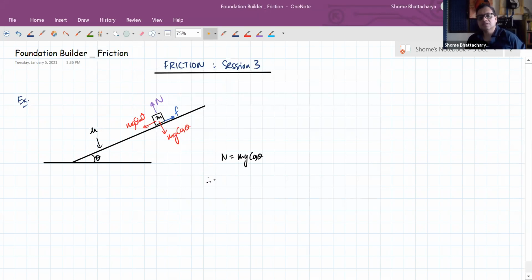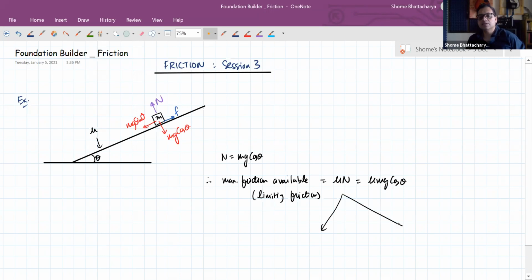So therefore maximum friction available, which is basically the same thing as limiting friction, is equal to mu n. So that becomes mu mg cos theta. Okay. So once we understand this maximum friction available, from that we can understand the two situations.